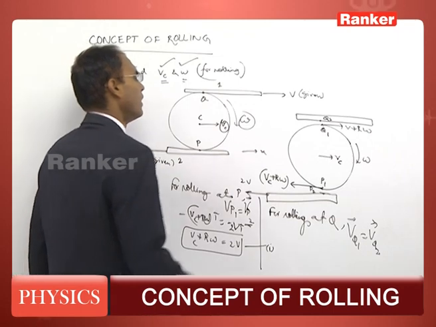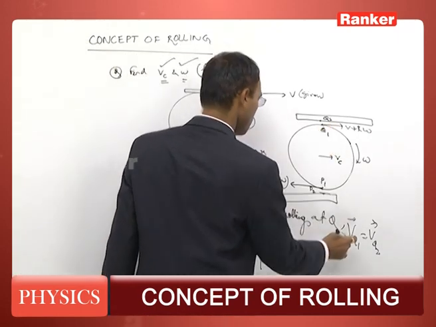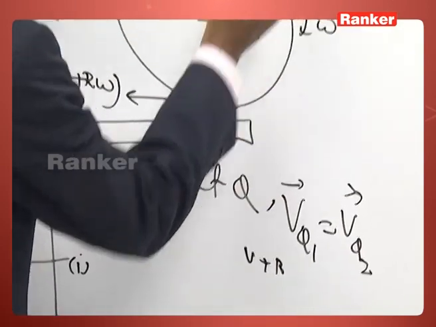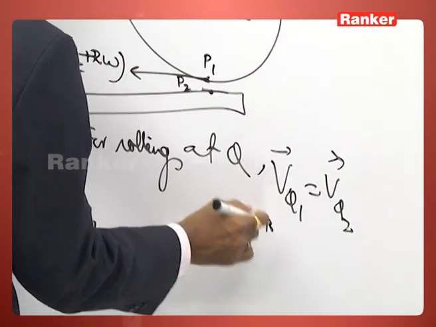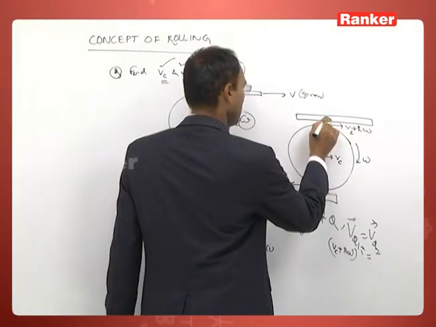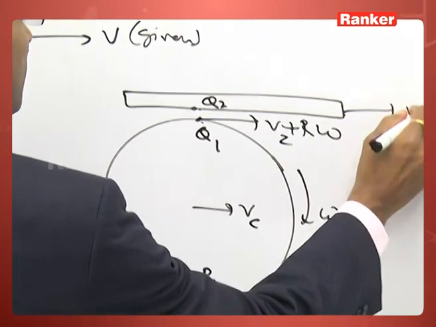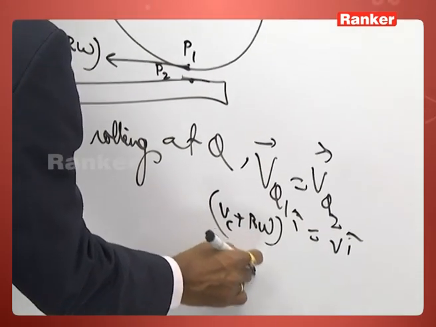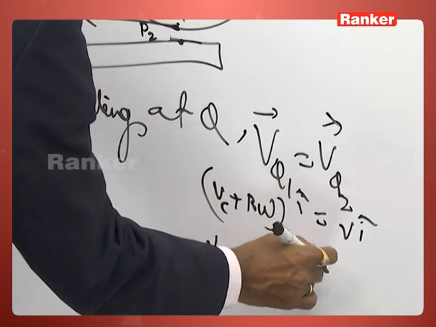Similarly, this point velocity Vq1 is equal to Vc plus R omega i cap, and this point velocity is given as plus V i cap.